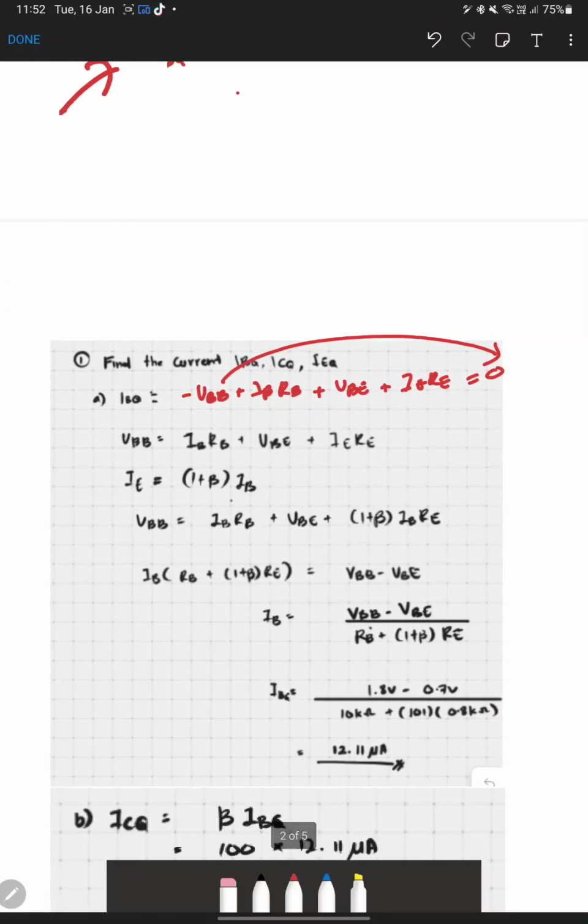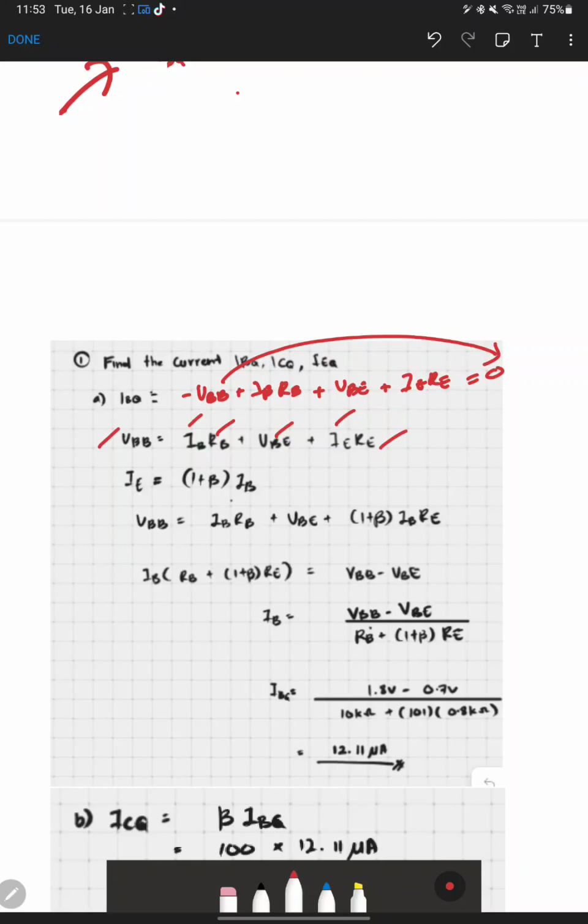Okay. So now we have two parameters that we don't have values for yet. That's IB and IE. Otherwise we have the values of VBB, VBE, RE, and RB, which are already given by the questions.